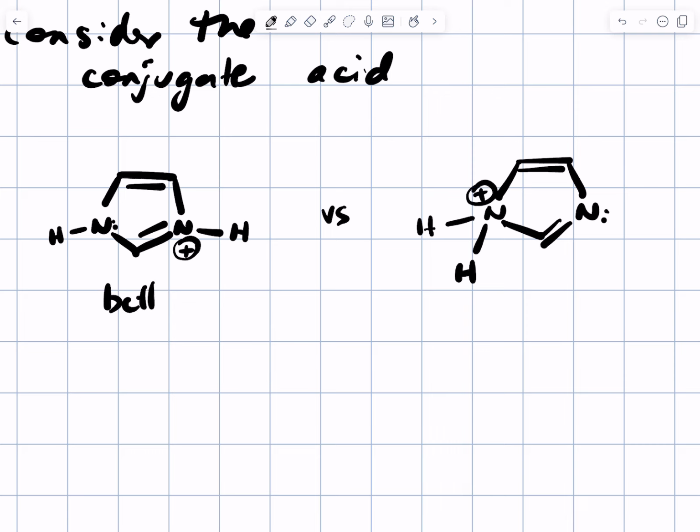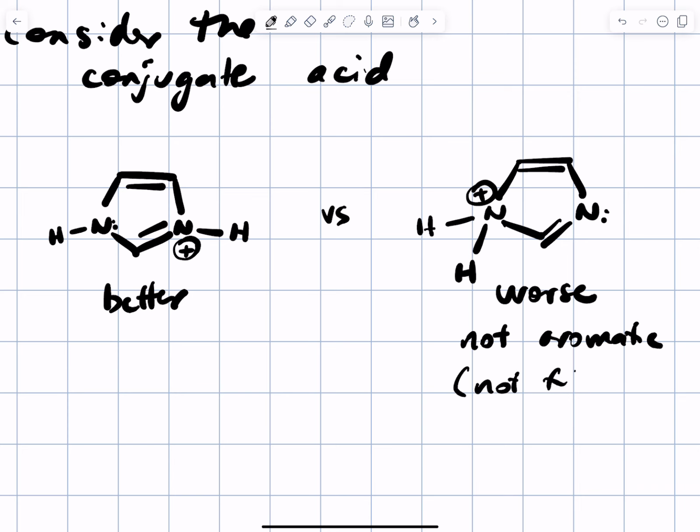This one is better. This one is worse. Tell me why. This one, what's wrong with this one? Is it anti-aromatic? It's just simply not fully conjugated anymore. It's simply not aromatic because it's not fully conjugated.